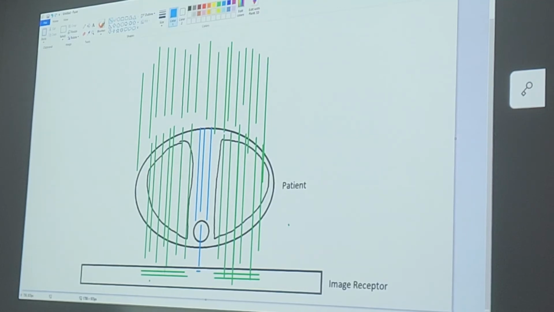These areas are going to be dark. This area, not so much. So you have a big difference between these two areas. We're going to have high contrast. As we raise the KVP, as we raise our penetrability, is this going to be highly affected?